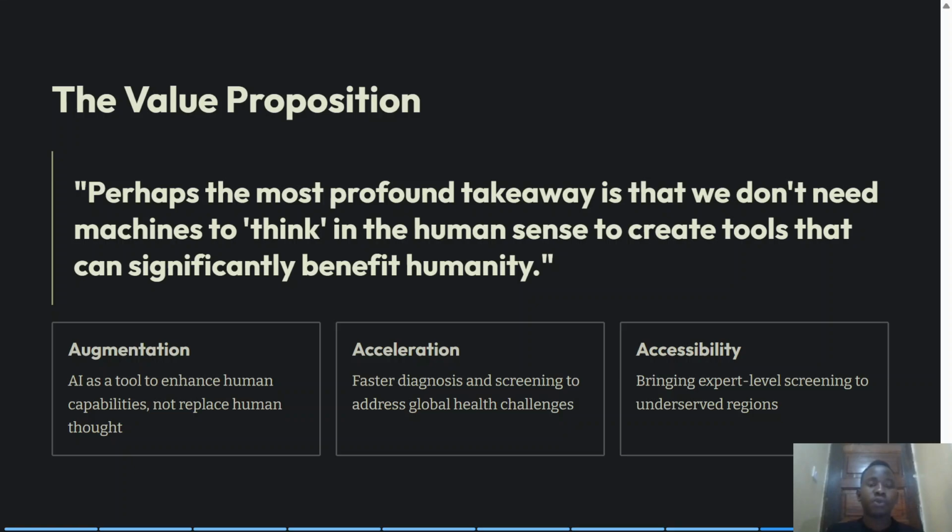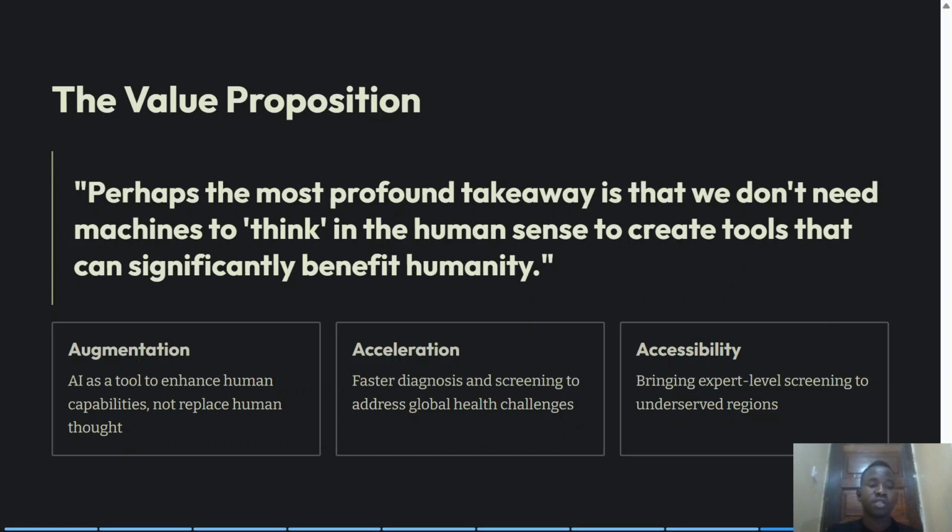So our value proposition for this project, perhaps the most profound takeaway, is that we don't need machines to think in the human sense to create tools that can significantly benefit humanity. And that is very true. Otherwise, we just have to think of ways of augmenting, accelerating, and accessing.